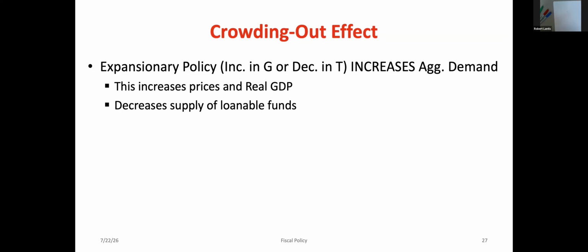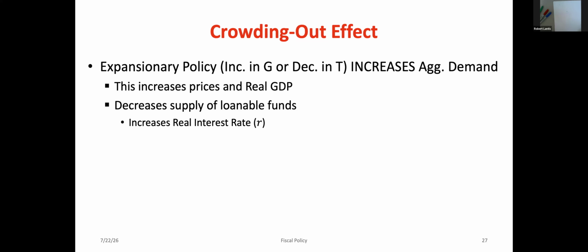However, we're also going to see an impact that it's going to decrease our supply of loanable funds. Remember, if we had an increase in government spending, there's less available money for the government to invest. So the supply of loanable funds would go down. If the supply of loanable funds decreases, that's going to push interest rates up. Now, the same impact would happen if we had a decrease in taxes.